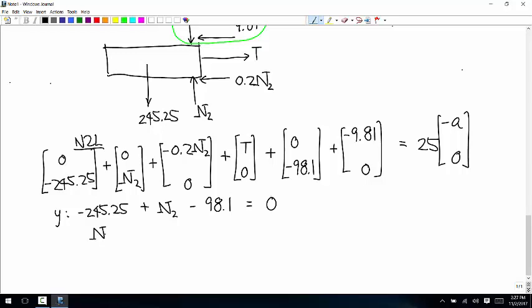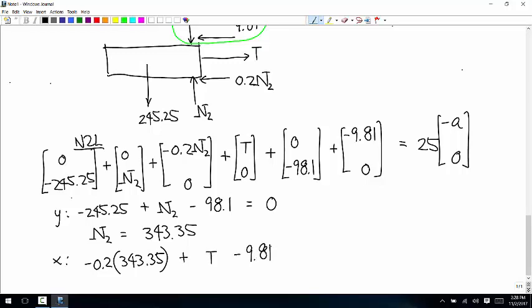So N2 is equal to 343.35. And then plug that into the x equation, and you get negative 0.2 times 343.35 plus T minus 9.81 is equal to negative 25a.